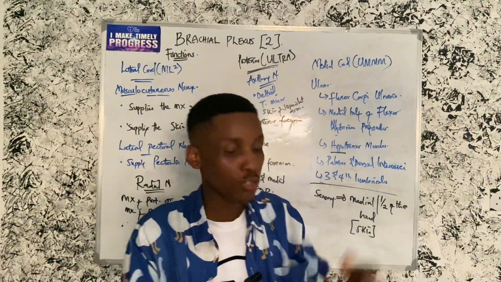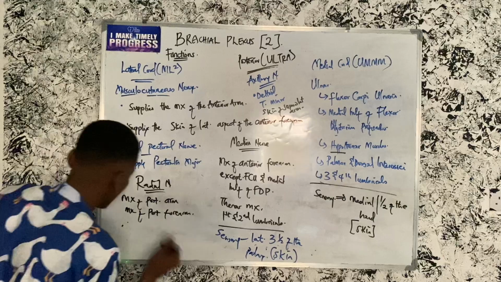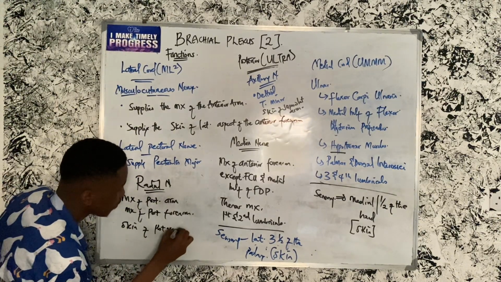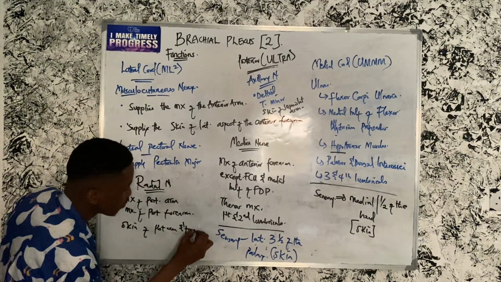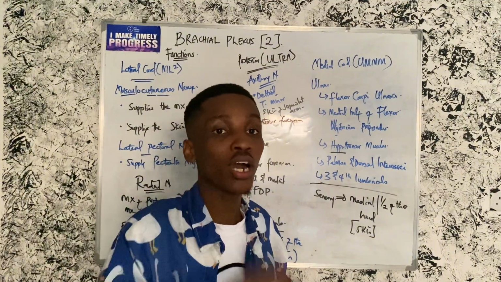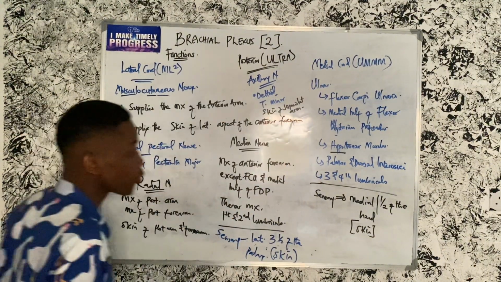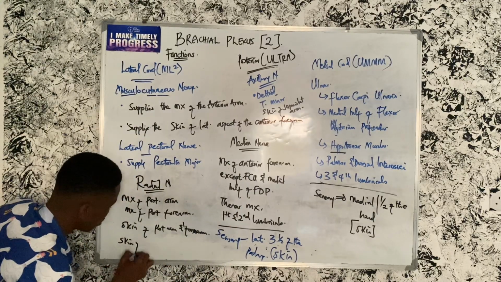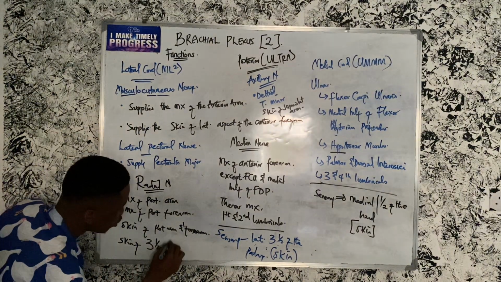For skin, it will supply the skin of the posterior arm and forearm, and then also the skin of the 3.5 dorsum of the hand.